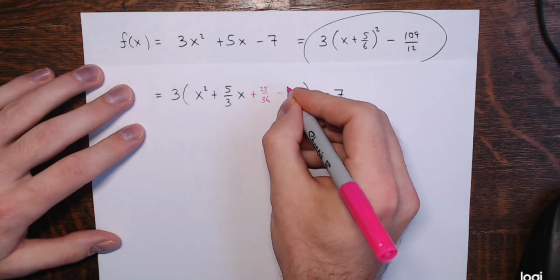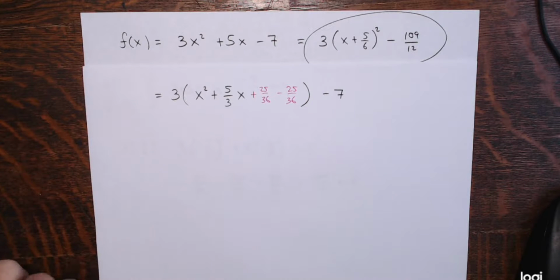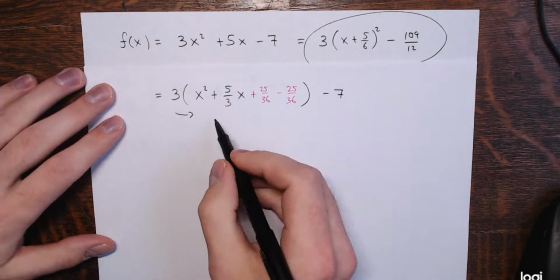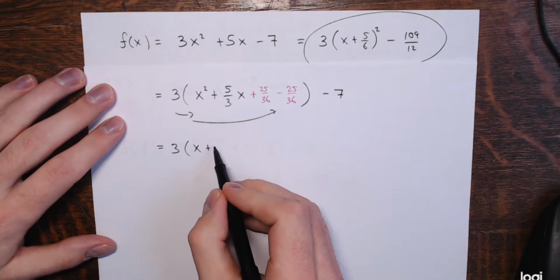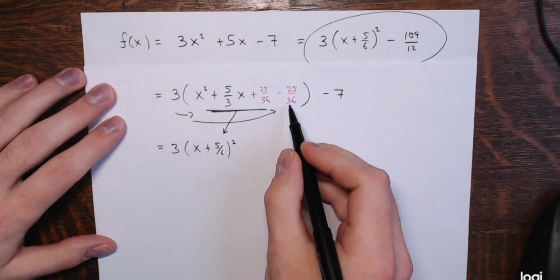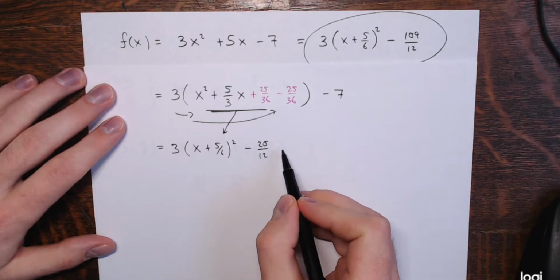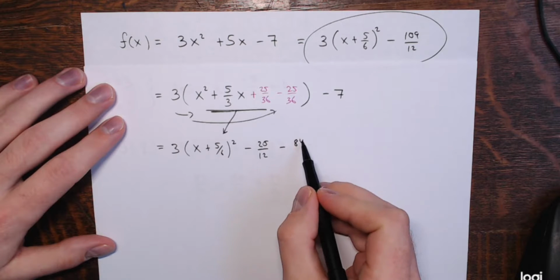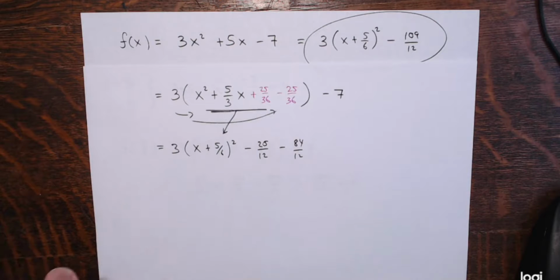So I'm going to add and subtract 25 36ths inside the parentheses here. Distribute the 3. This would be 3 times the quantity x plus 5 sixths squared, right, because that takes care of these 3. And then 3 times negative 25 36ths would be negative 25 twelfths, minus, and then 7 is again 84 twelfths, and there's your negative 109 twelfths. Right, so it's the exact same stuff.